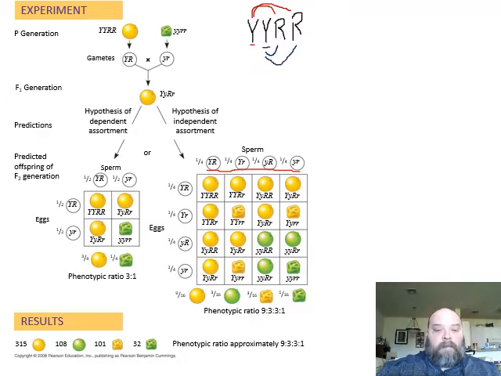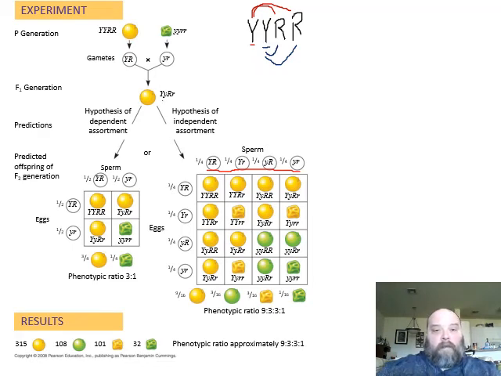So if you count through, there's big Y, big R, big Y, big R, big Y, big R, big Y, big R. 4 possible outcomes. So it's going to be 4 across the top, 4 down the side.